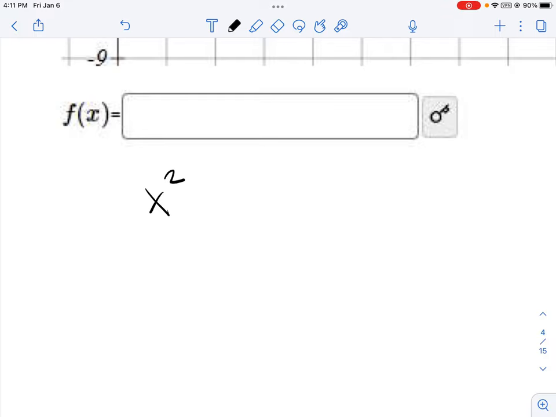Now, down is a vertical shift, which means it's on the outside of the function. Now, when I talk about outside, if you have something squared, here's your x, you can have something on the inside with the x or on the outside not with the x.